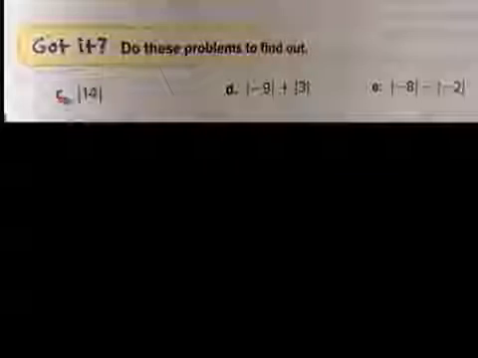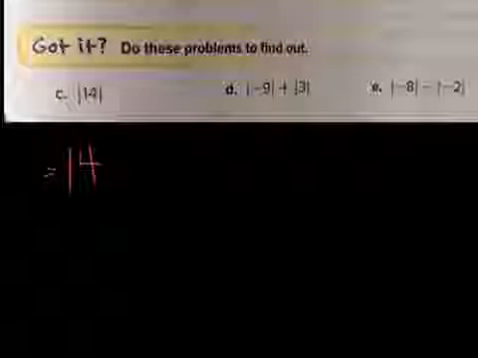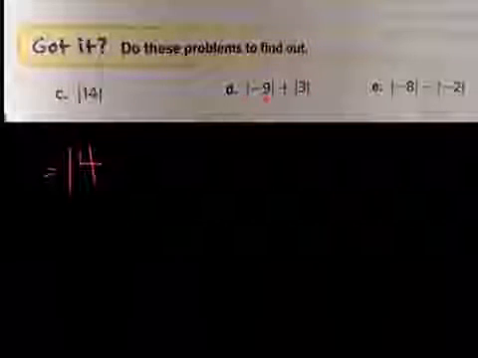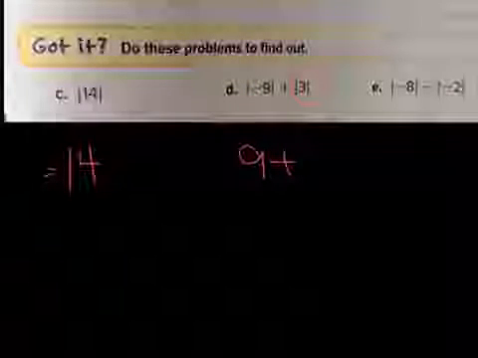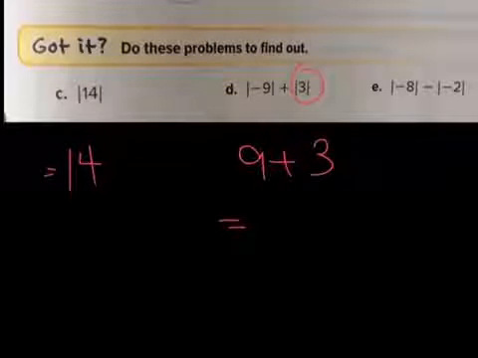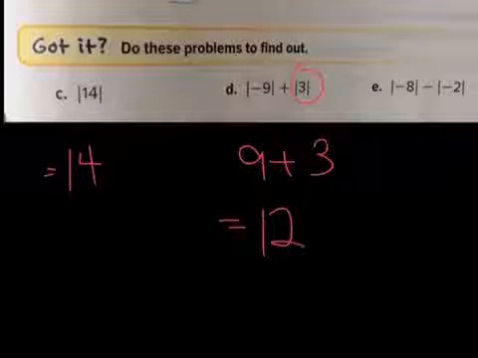Let's try these. What is the absolute value of 14? How far is 14 away from 0? Well, 14. Okay, we have the absolute value of -9 plus the absolute value of 3. How far is this from 0? It's 9. And how far is this absolute 3 from 0? 3. So really all we're doing is 9 plus 3 equals 12. Okay, and the absolute value of -8 minus the absolute value of -2.